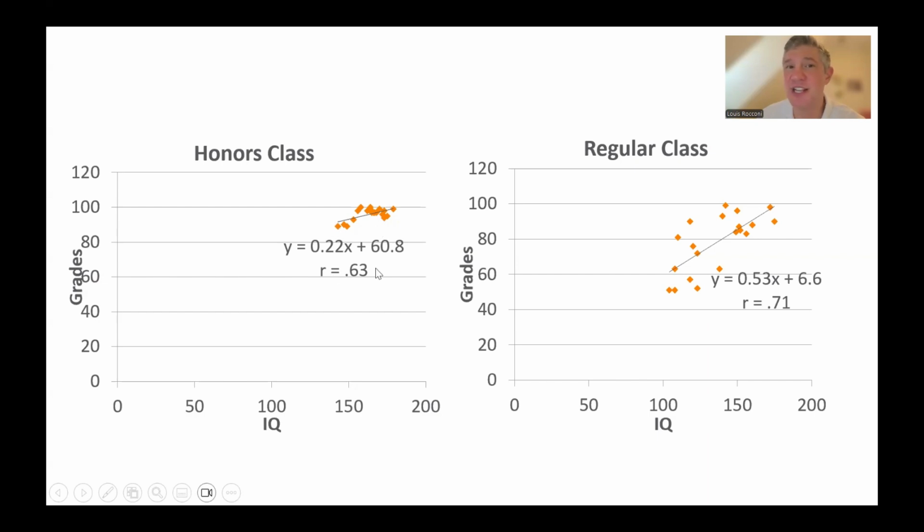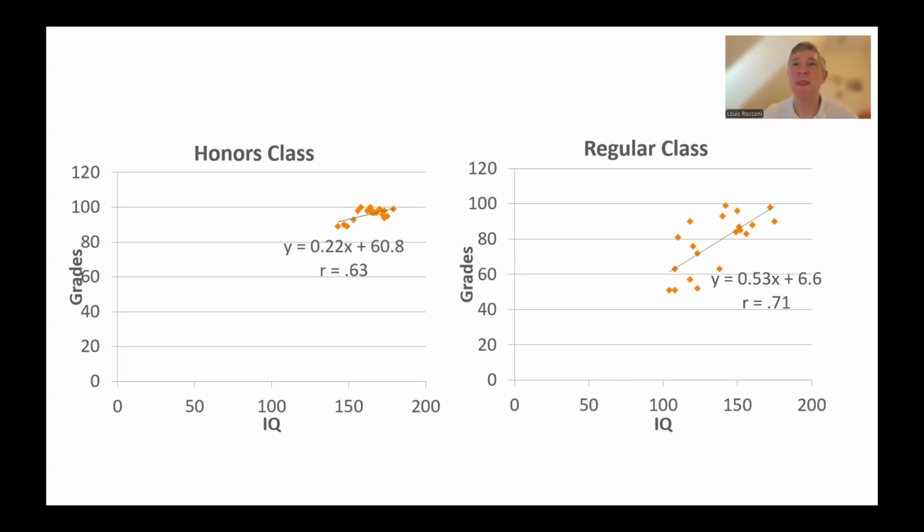So the correlation here is a little bit weaker than in the regular math class where it's more variable. You have some people with lower IQ, some students with higher IQ, some people with lower grades, some folks with higher grades. So that's an illustration of how the correlation can be attenuated when the groups are more homogeneous.